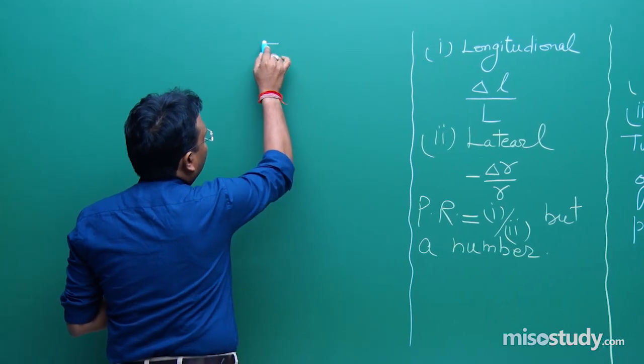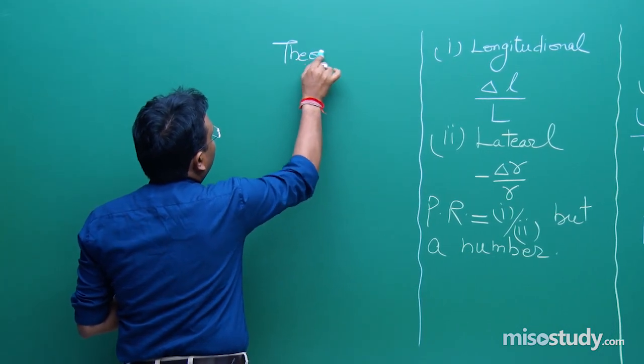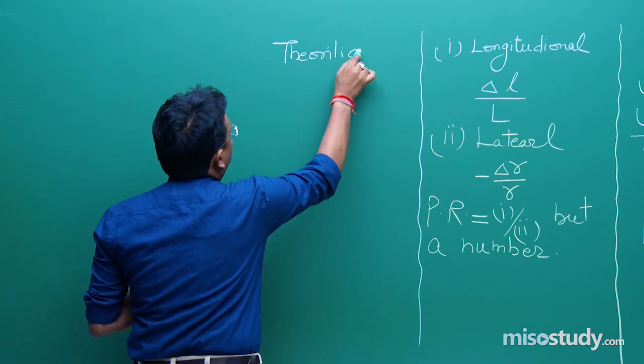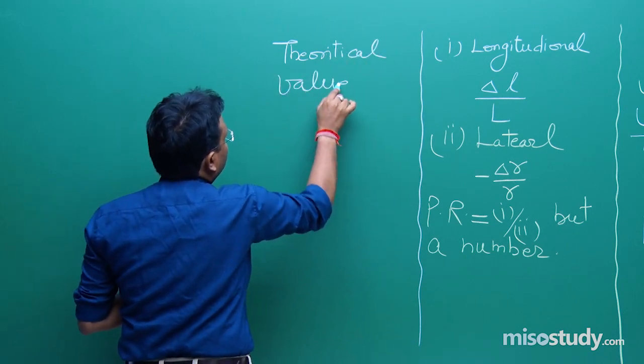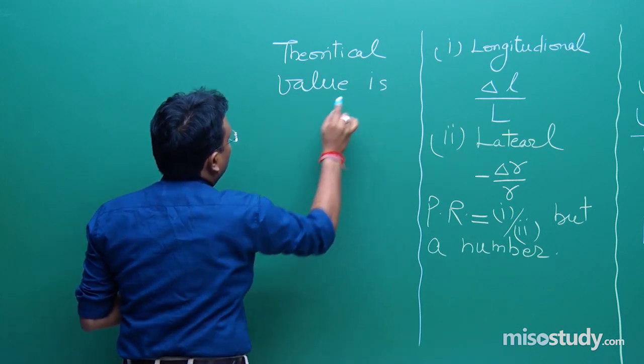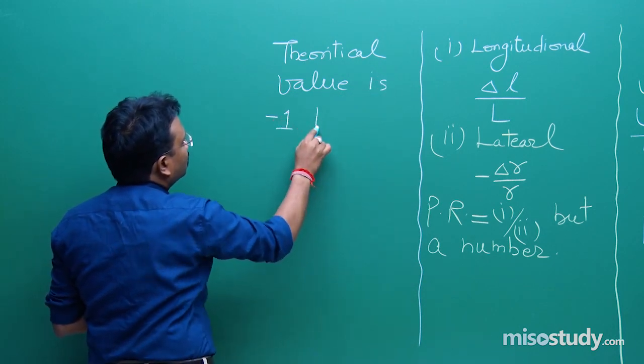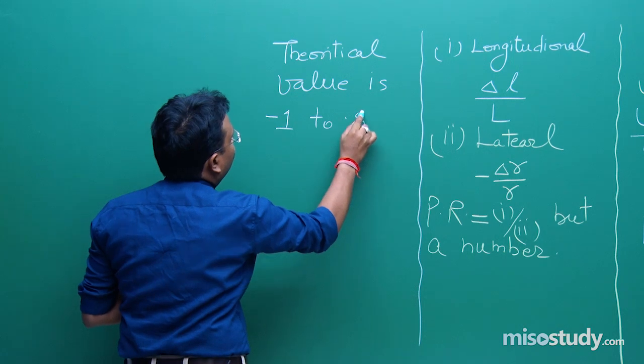The theoretical value is minus 1 to 0.5.